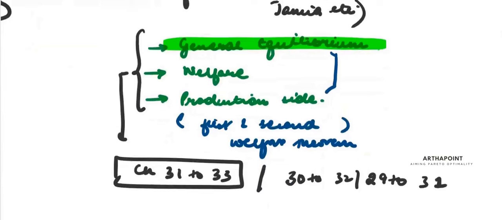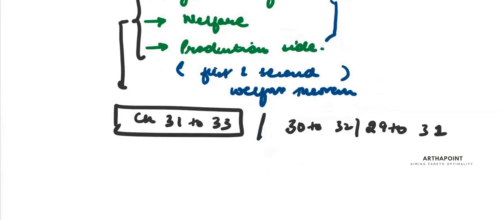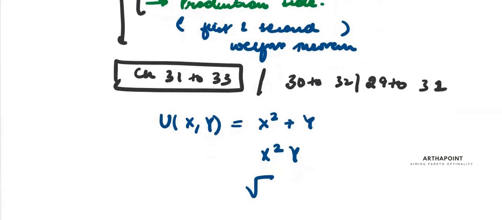If I don't know how to build my indifference curves for different utility functions, I cannot jump to Pareto efficiency. So I have to understand how to draw indifference curves which look like this, which look like this, which look like this.